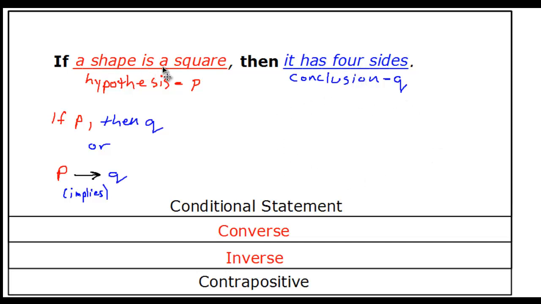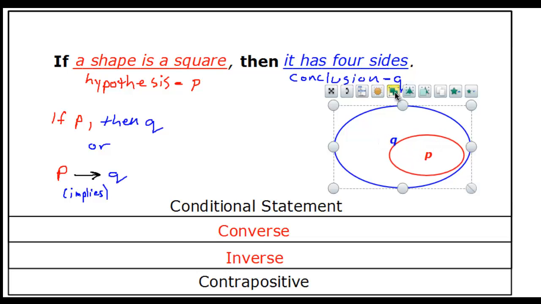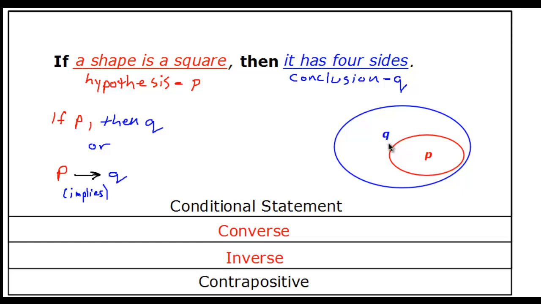Now, if a shape is a square, then it's going to be in the 4-sided shape family. We'll kind of put this up here for you to look at and get an idea about it. So here is my Venn diagram. Okay, of course I got my Q just a little bit not where I want it, so I'll move it over there.